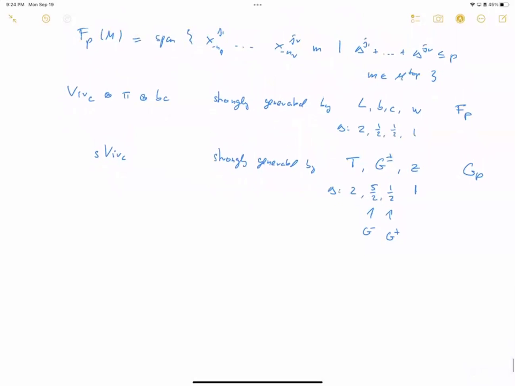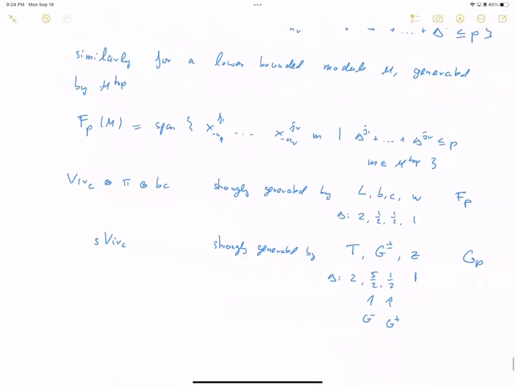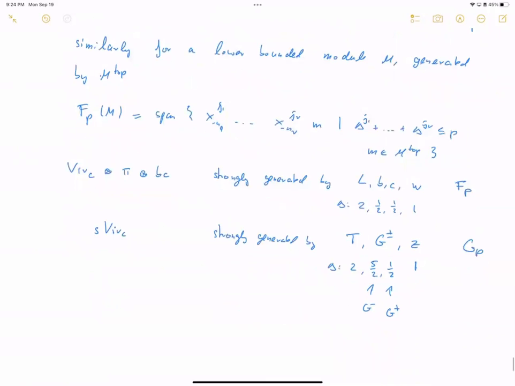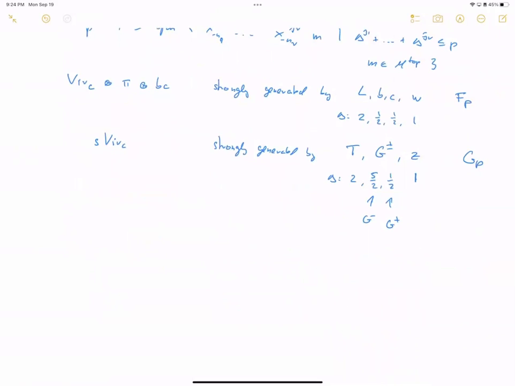So here, now what do we have here? Filtrations you can define on a module, but now here we are dealing with modules that are modules for the big algebra and for the small algebra. So this means we have a filtration as a module for the big algebra and as a module for the small algebra. Now, what do we have here? The filtered spaces for the big algebra are bigger.